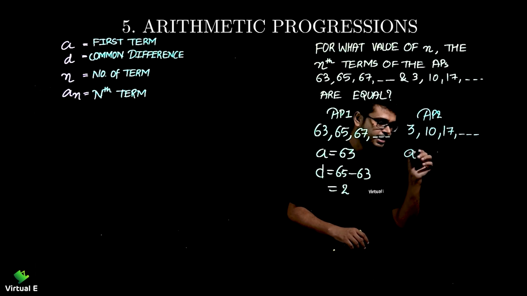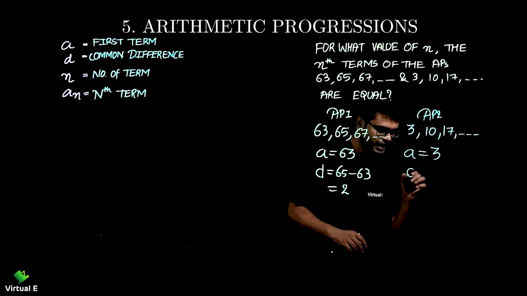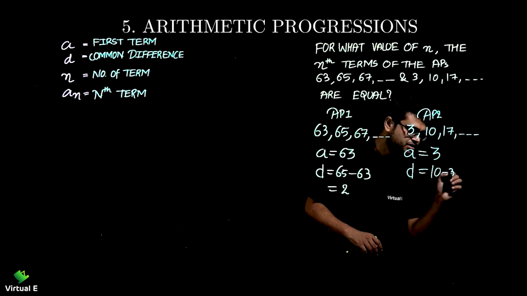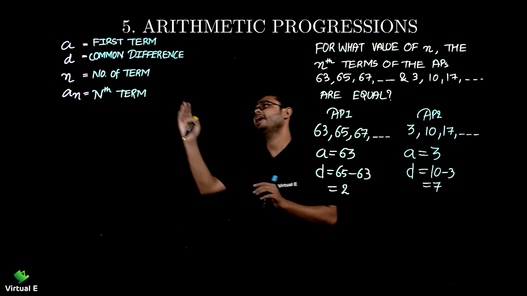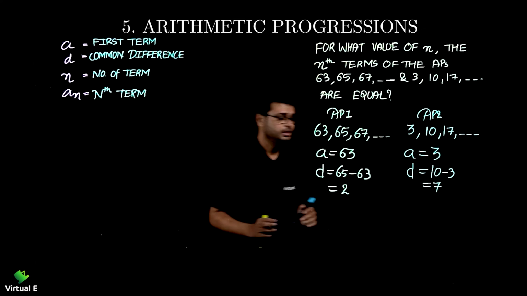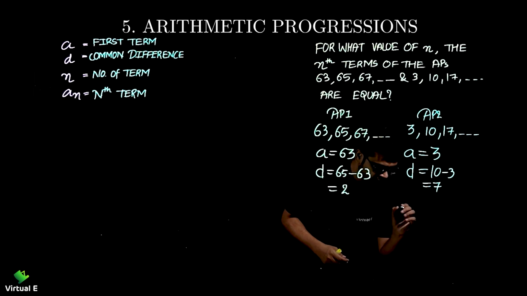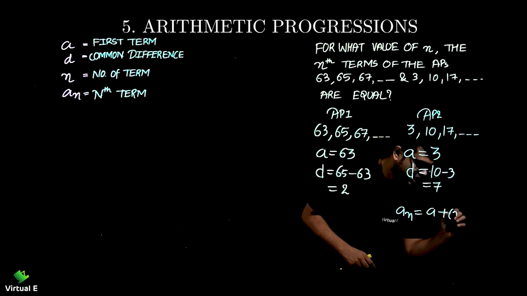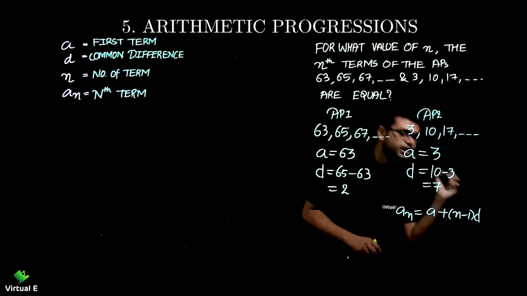Now let's find a and d for the other AP. a is equal to 3 and d is equal to the difference, that is 10 minus 3, which gives you 7. Let's find the nth term. So an is equal to a plus n minus 1 into d.